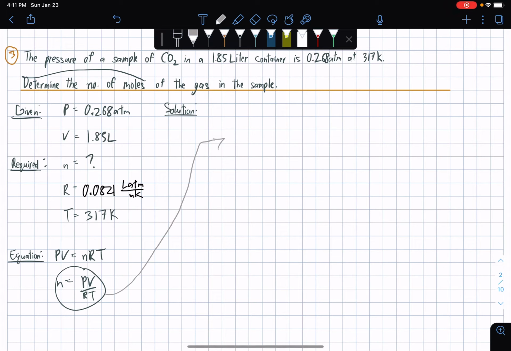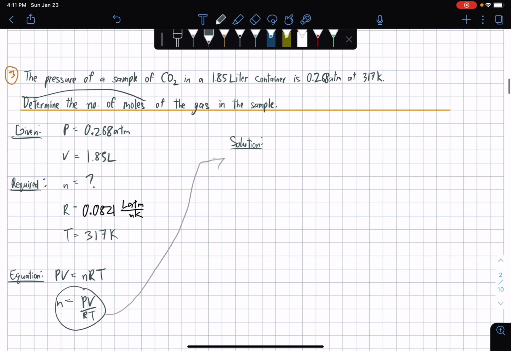For the solution, let's just move it here to make the space a little less dense. So mole is equal to pressure, which is 0.268 atmosphere, times the volume, which is 1.85 liters, altogether divided by our gas constant, which is 0.0821 L·atm over mol·K, times our temperature, which is 317 Kelvin.